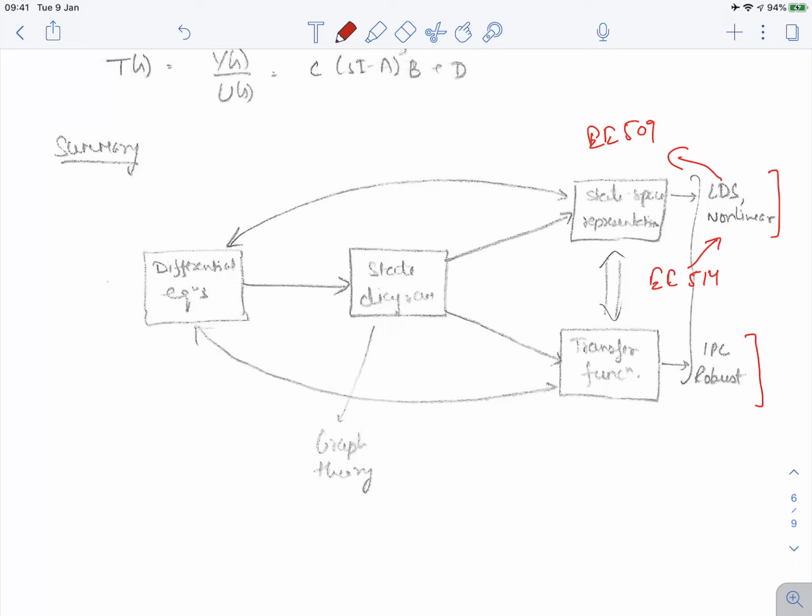Now, the transfer functions will play the major role in another course, industrial process control, IPC, which is a sixth level course, and the robust control course, which is EE. You just verify whether it is 515 or 514, and similarly 514 or 515, if you want to look at it later.